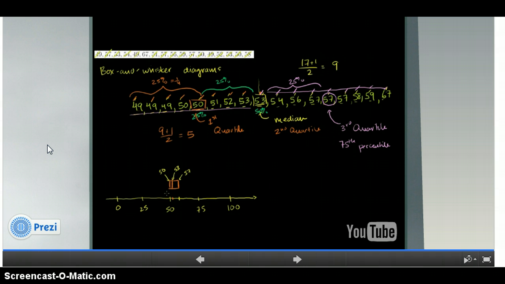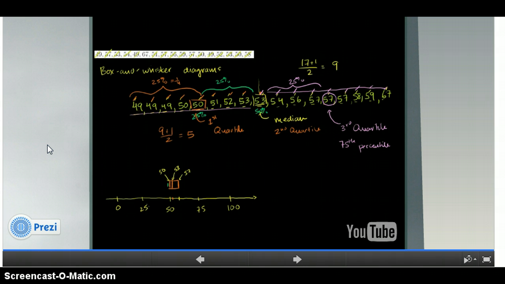So what I'm essentially doing is representing the middle 50% of the data in this box, and this line represents the actual median. Now, it's called a box and whisker diagram. I've only drawn a box. Let me draw the whisker, or the whiskers. The whiskers essentially show us the entire range of data. So the lowest data point is 49, which is right over here.